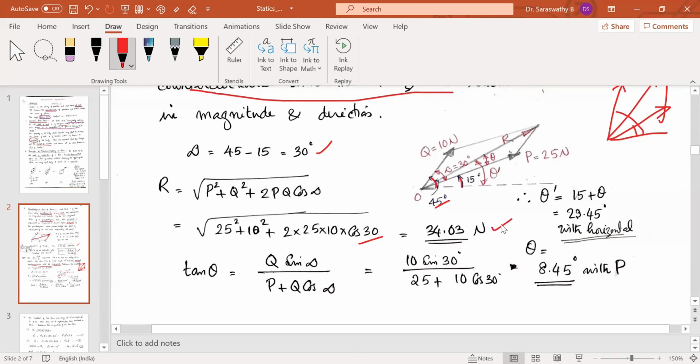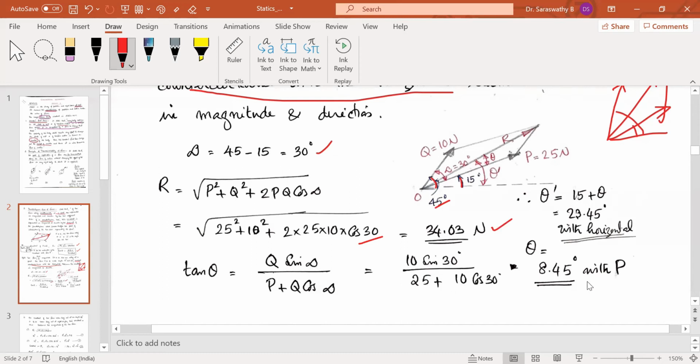Now, what is the angle which the resultant makes with the first vector P? The angle which the resultant makes with P is given by tan theta. So this angle is theta. tan theta is Q sin alpha divided by P plus Q cos alpha.